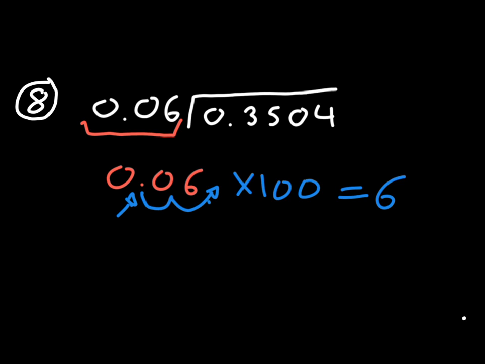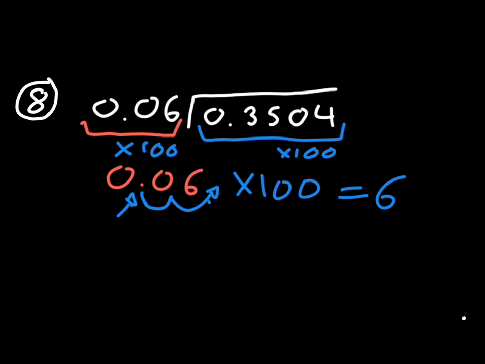For those of you who still aren't sure, you can use a calculator to check this. So if we multiply the divisor, which is this number over here, by 100, we need to multiply this number by 100 as well. And this is all to make our calculations a lot easier.